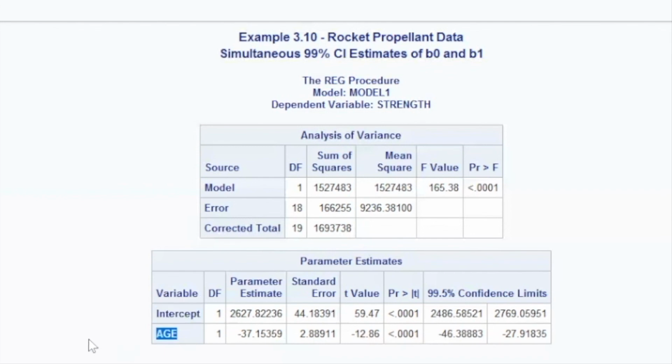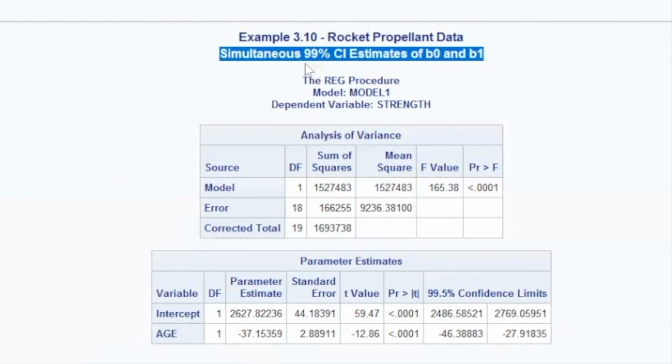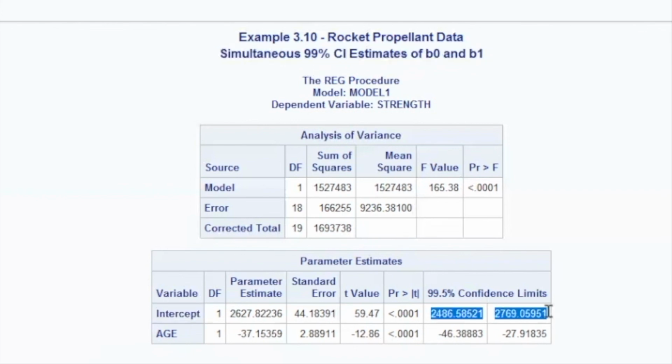Similarly, we're 99.5% confident that beta 1 is between negative 46.3888 and negative 27.9184. But jointly, we are 99% confident that beta 0 is between those values and beta 1 is between those values.